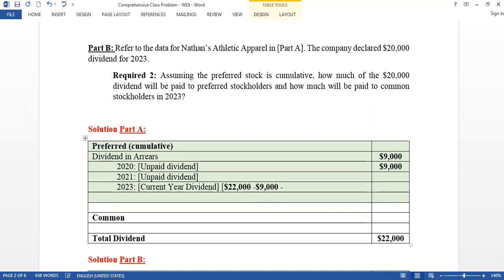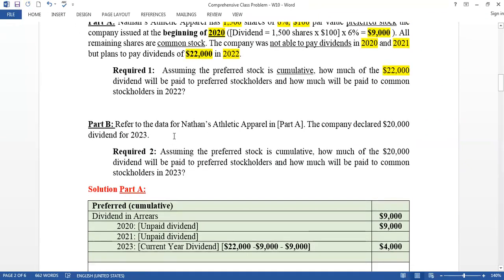For 2021, we already paid $9,000. Now, what is the maximum amount of dividend the cumulative shareholders will receive in the current year? $4,000, right? Yes, $4,000 is the highest amount they can receive. Although they are entitled to $9,000, they cannot receive the full amount because the company declared a smaller dividend. If this is the case, what is the common stockholder dividend? Common stock dividend is $0. So this is all about part A.